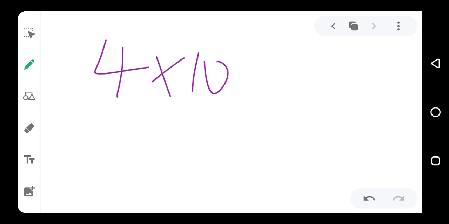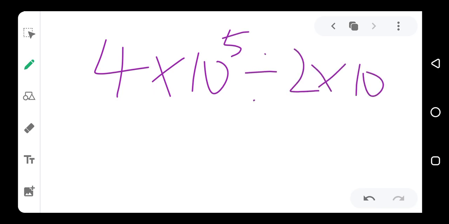Then, assuming we have 4 times 10 raised to power 5 divided by 2 times 10 raised to power 3, we divide these two, take one of the 10 and subtract the powers.